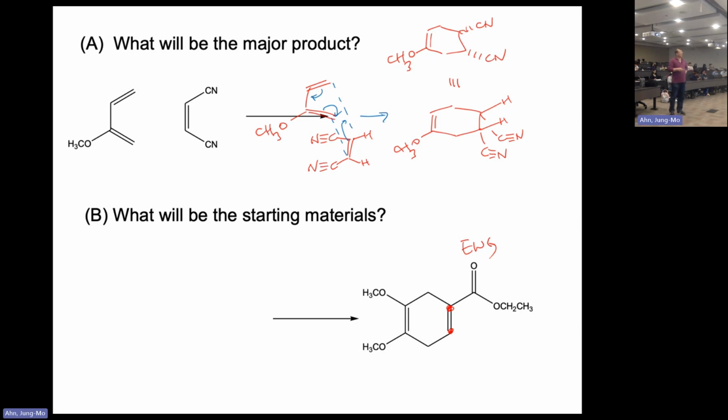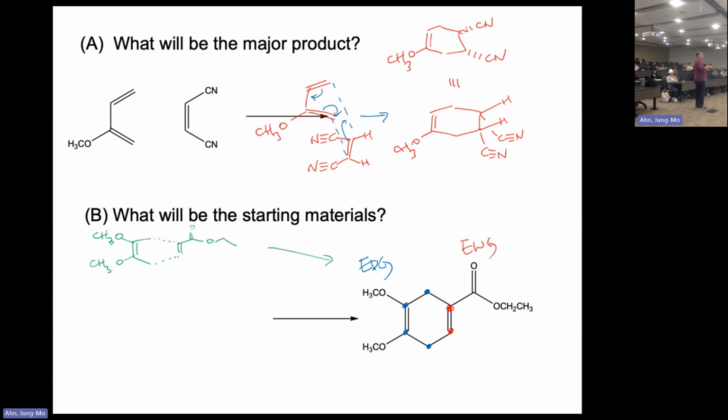And then the other 4 carbons should be the diene, right? So we need to find out how you're going to break the molecule. 4 carbons with 2 carbons, that's why we say 4 plus 2 cycloaddition. Having this recognized, this part is going to come from the diene, and that part is coming from the dienophile. Now we have to draw them out.